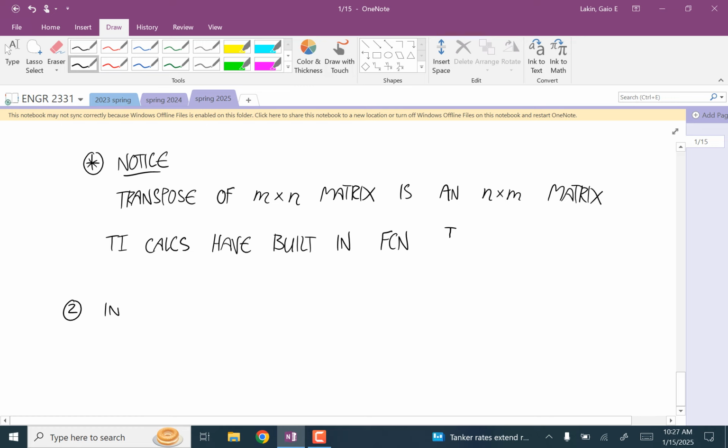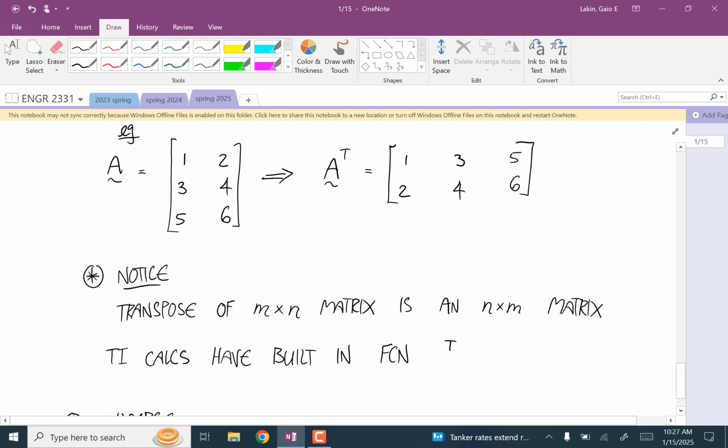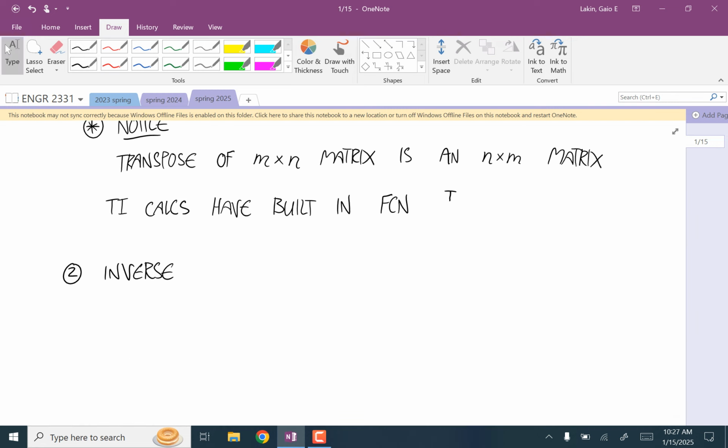Second, the inverse of a matrix, the definition of it is if you take a matrix and multiply it by its inverse, and the inverse looks like A to the exponent of -1, you get the identity matrix.